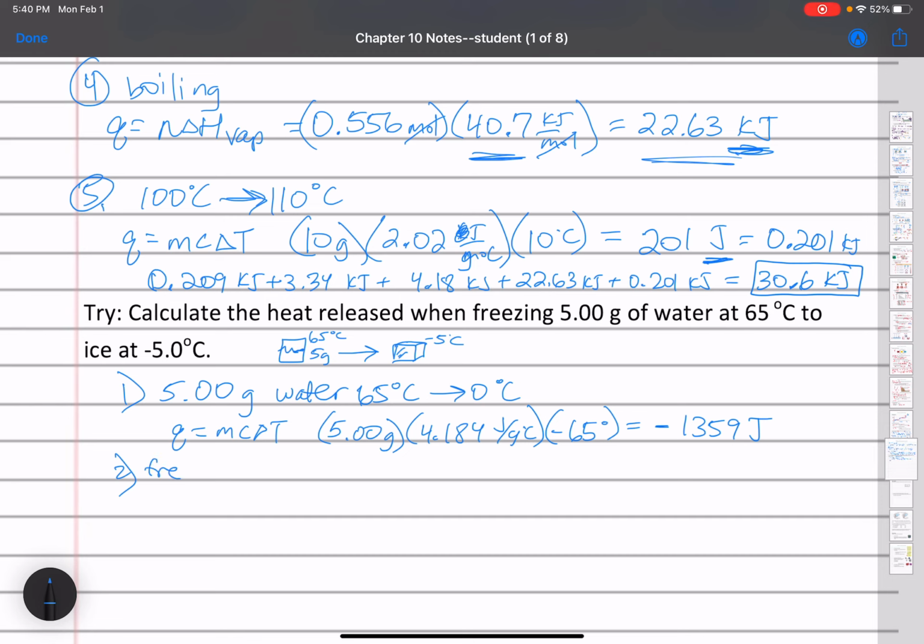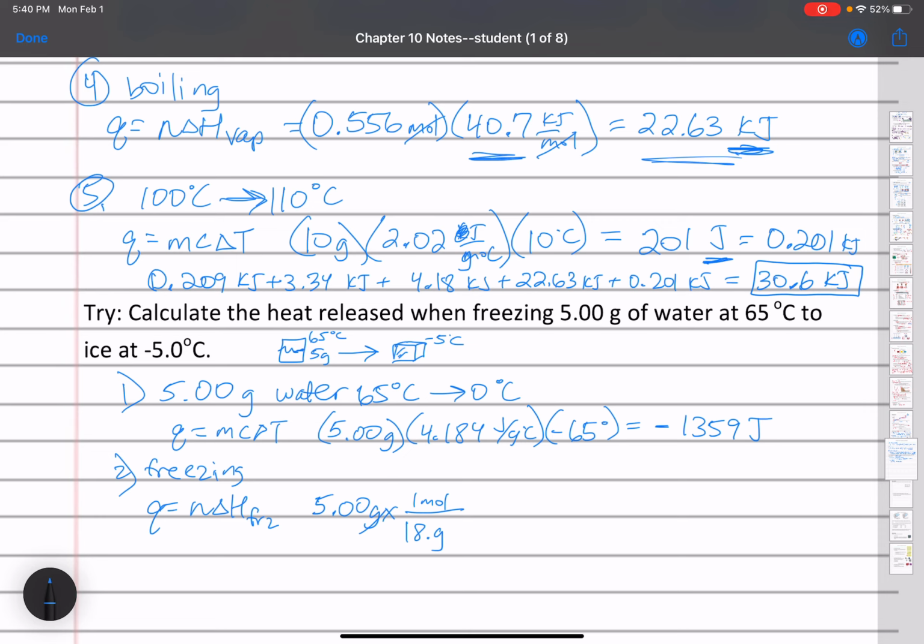Second step, we're going to calculate the heat that it takes to freeze the water to solid, from 0 degrees liquid to 0 degrees solid, the heat of freezing. So I need to figure out how many moles I have. So 5 grams divided by the molar mass of water.